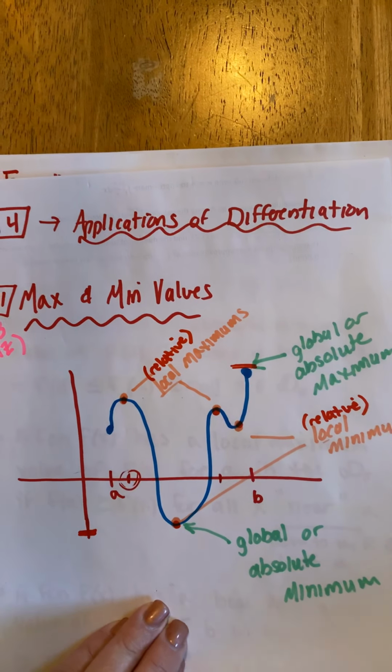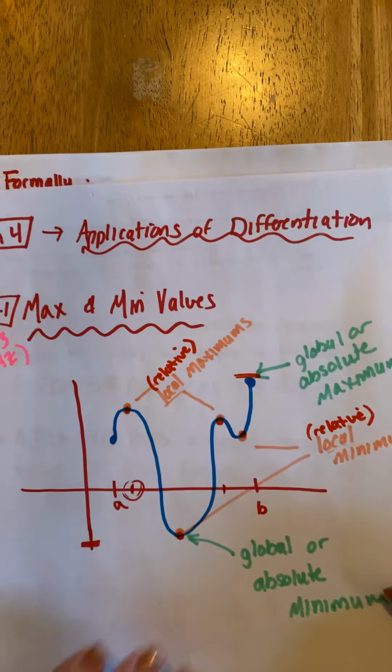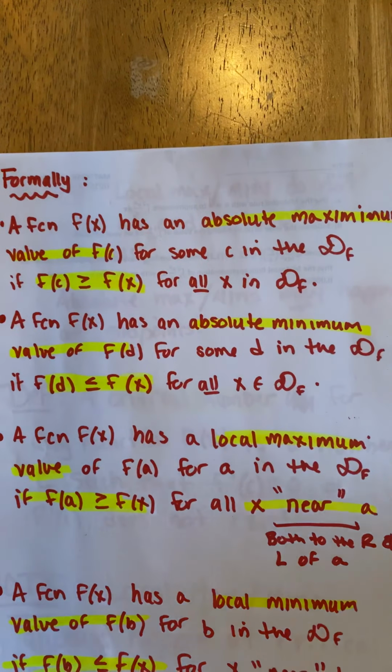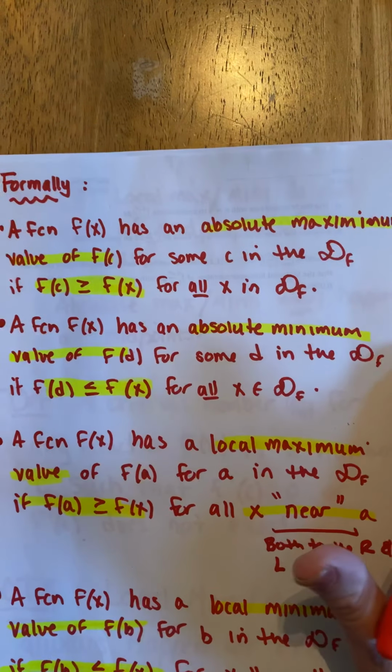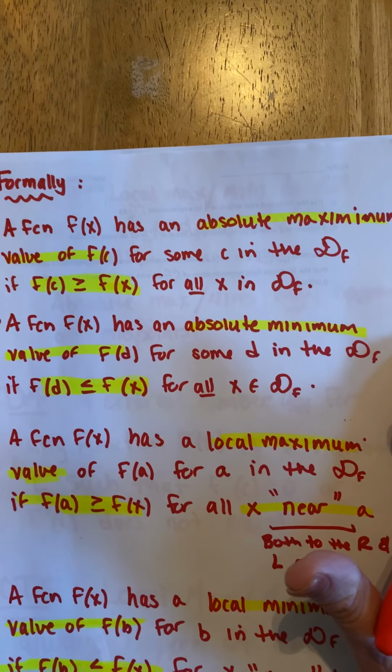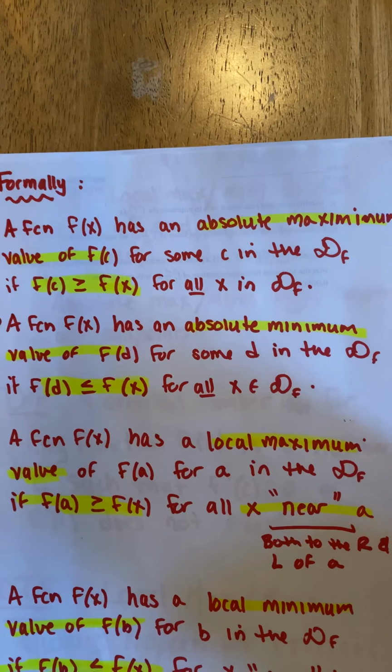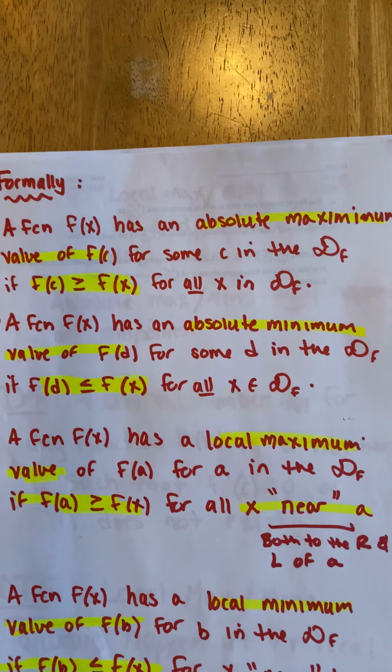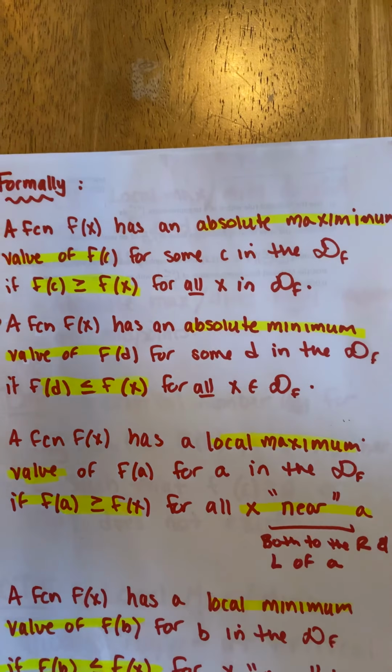So the formal definition of these guys is, ready for all this? Feel free to copy this down if you want to have them completely in your notebook. Otherwise, you can just read through it and see if you can kind of grasp what it's telling us here.